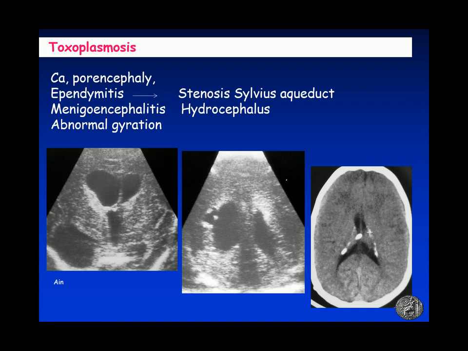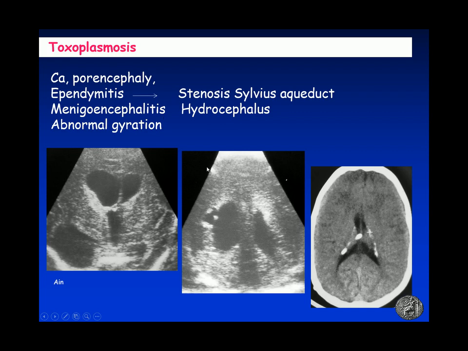There is infection, ependymitis, which may lead to stenosis of the aqueduct of Sylvius, and for that you may have hydrocephalus, or meningoencephalitis, which may also be responsible for communicating hydrocephalus.